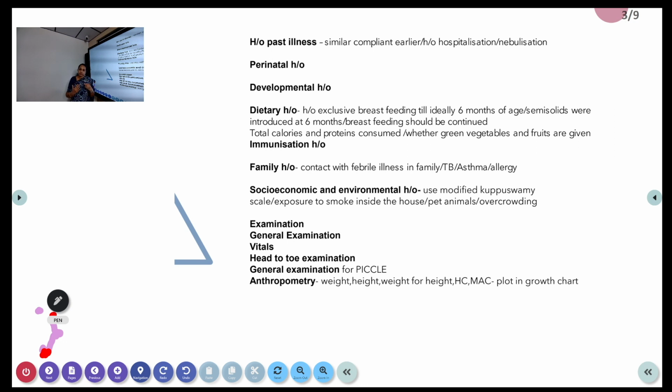Then the lower respiratory infections are the pneumonias, bronchiolitis, laryngitis and tracheitis. A child often gets 6 to 8 upper respiratory infections in a year. So now in anthropometry, you look whether the child is having malnutrition or not.